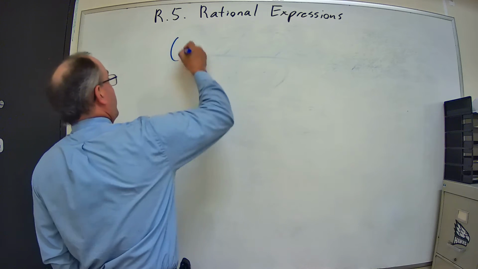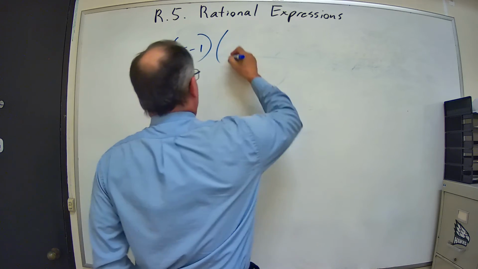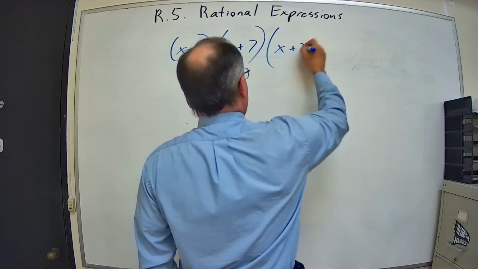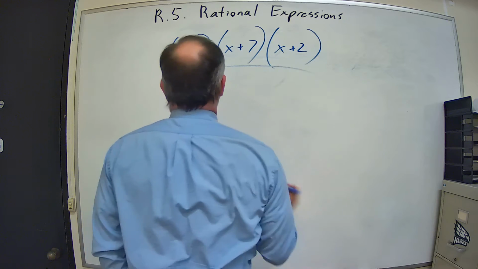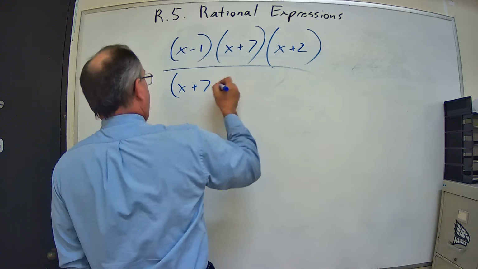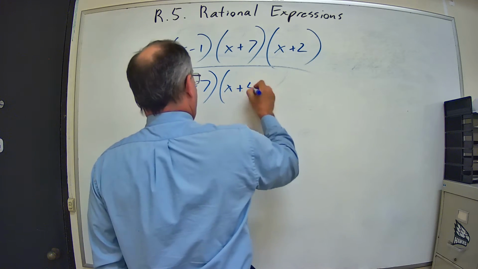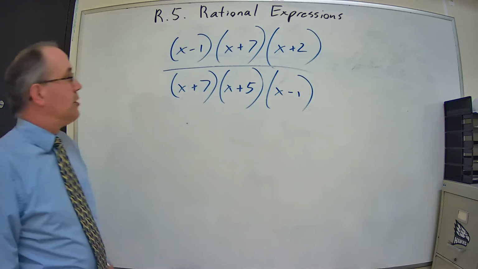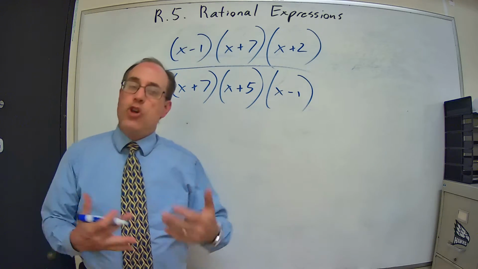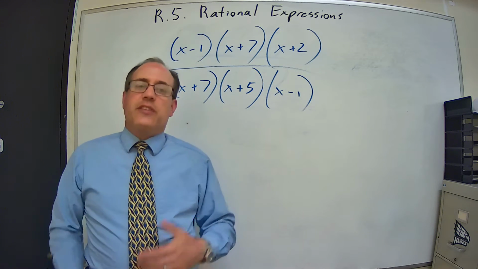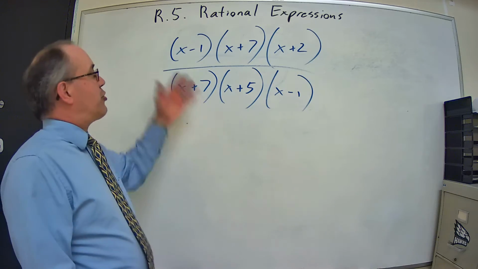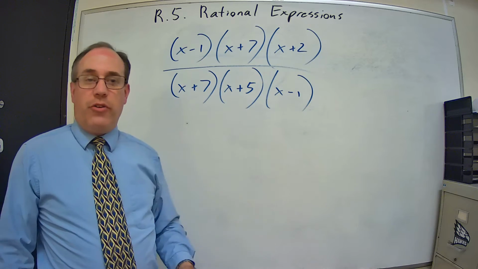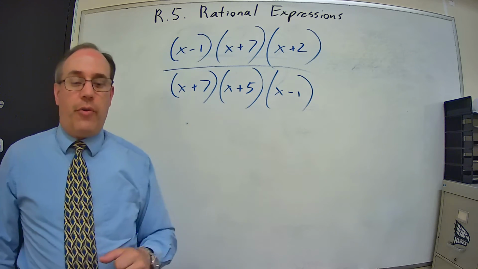So what if we have x minus 1 times x plus 7 times x plus 2 over x plus 7 times x plus 5 times x minus 1. So we have a rational expression, and yes, I know I'm making this simpler on us because I'm not writing these out as polynomials, I'm writing them all already factored.